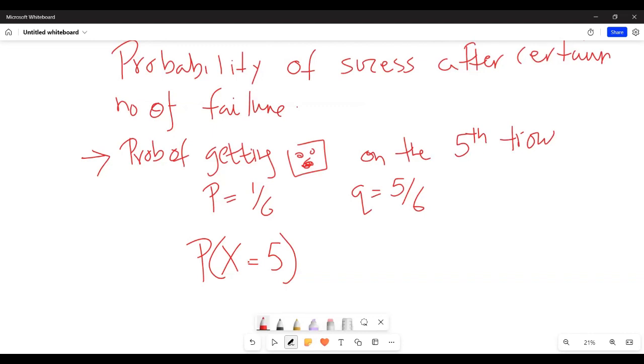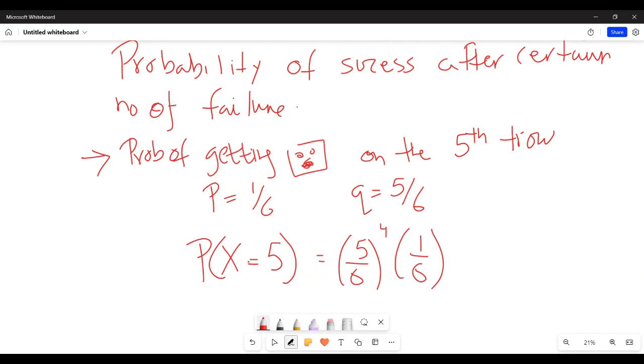That means the success occurs on the 5th attempt, so the first 4 times it's a failure. So you're going to write 5/6 times 5/6 times 5/6 times 5/6, or (5/6) to the power 4, times 1/6.